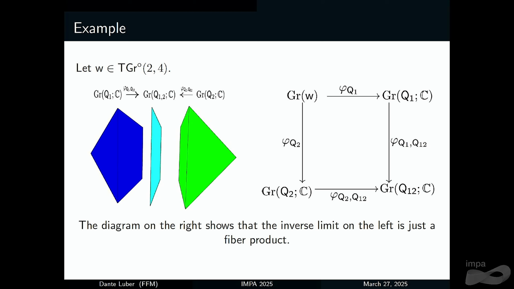That forms an inverse system, and we can just see that the inverse limit we get is the fiber product induced by that system. So that's what's going on in a really small example. For more complicated Grassmannians, or for higher d,n, we get more complicated pictures, but this is the idea.